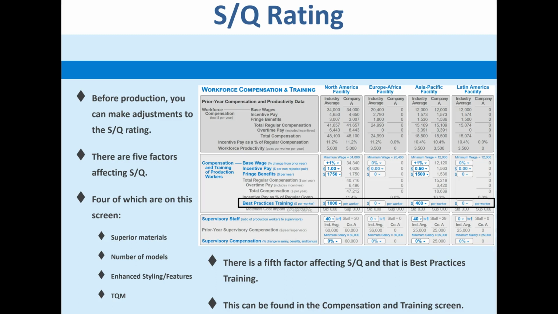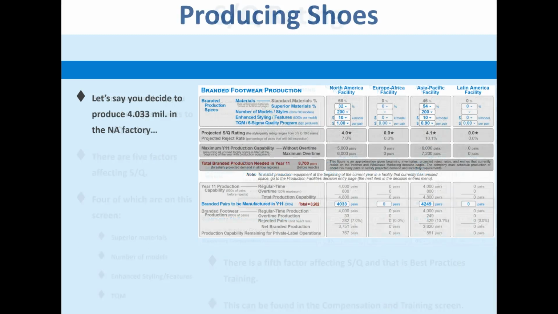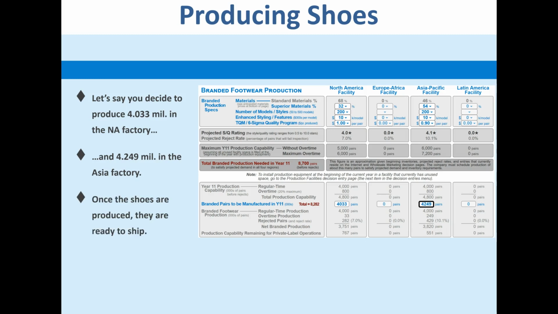So that's the fifth element on what affects SQ rating. Now let's say you decide to produce 4.033 million shoes in the North America factory, and about 4.3 in Asia. Once those shoes are produced, they are now ready to be shipped.